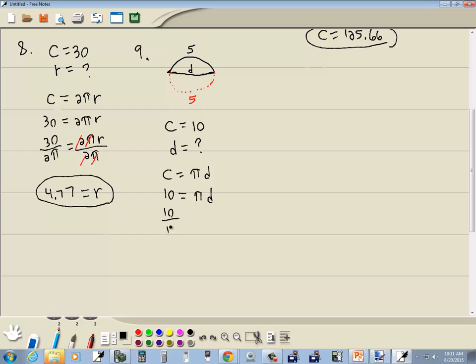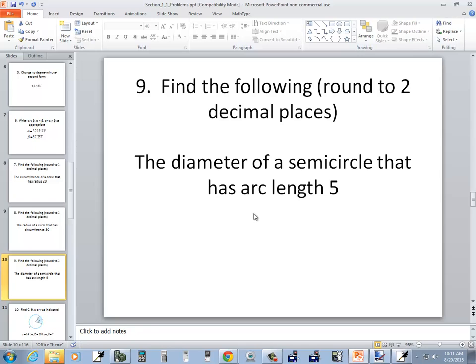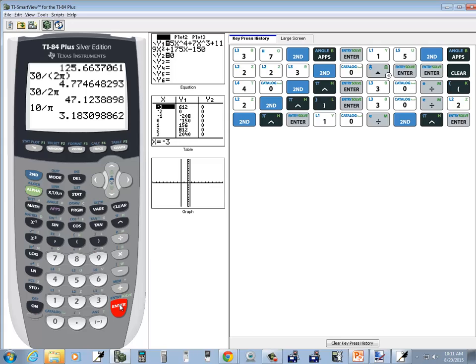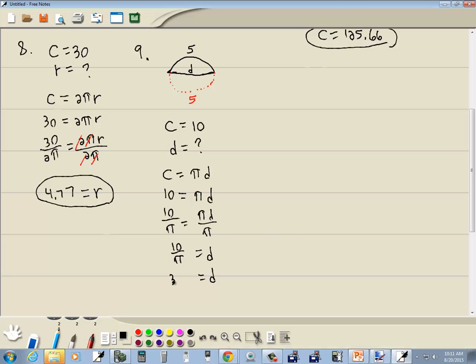So I got 10 divided by pi is equal to pi d divided by pi. Pi's cancel. We got d is equal to 10 over pi. And again, we're rounding to 2 decimal places. So we got 10 divided by, and then second caret for the pi, and enter. And we got 3.18. And that would be our answer.